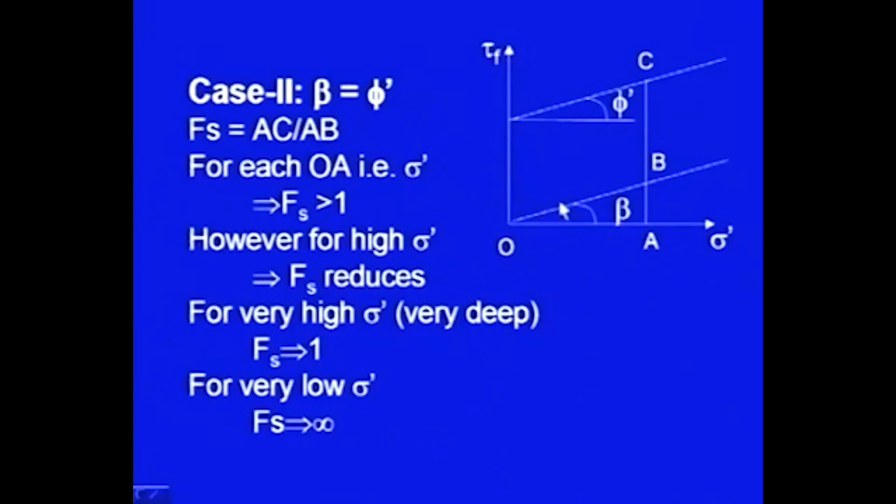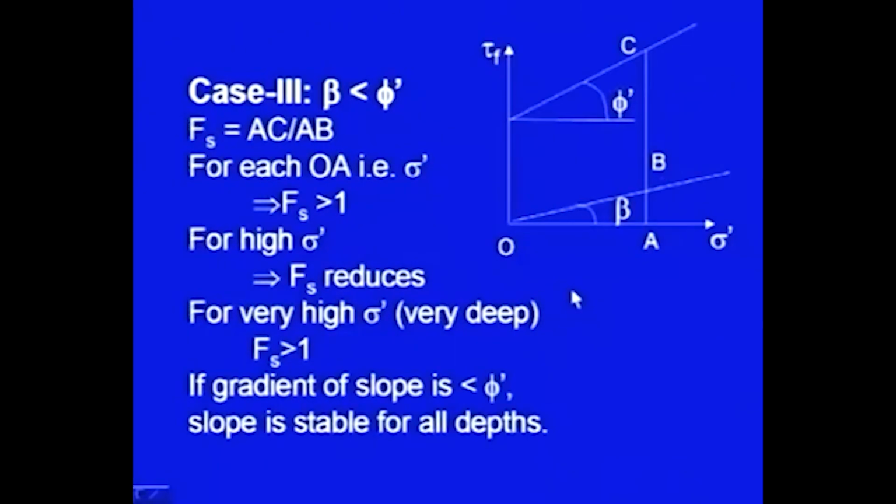But as you go on increasing sigma dash, this Fs value will go on reducing from infinity to some definite values, and finally at a very large value of sigma dash, this Fs will approach towards unity. So, for very high depth, very deeper slopes, Fs will be approaching towards unity, and for shallow depth it will be very high.